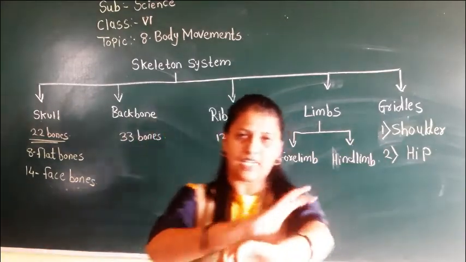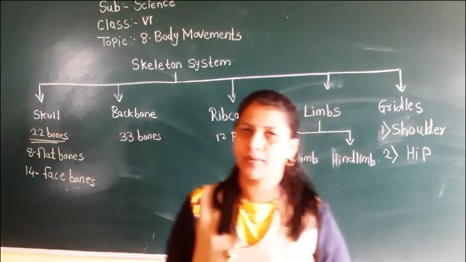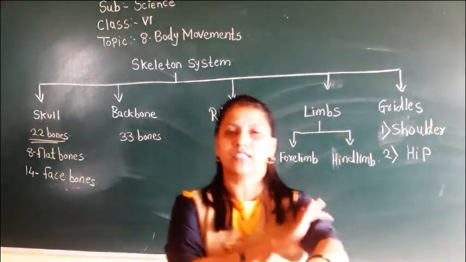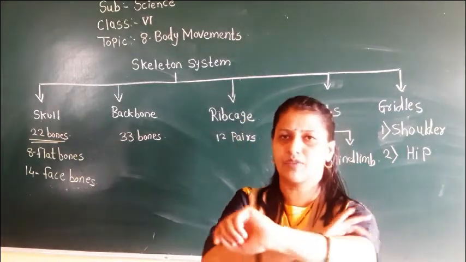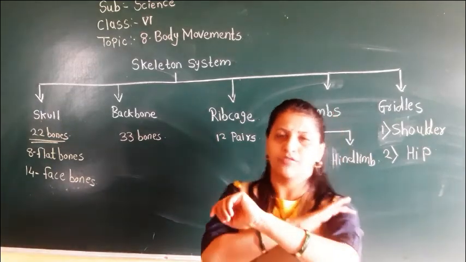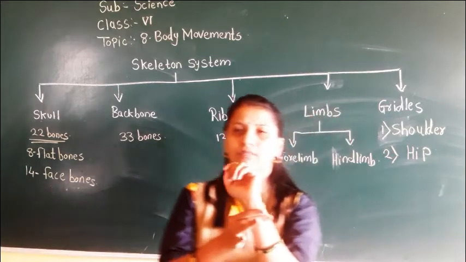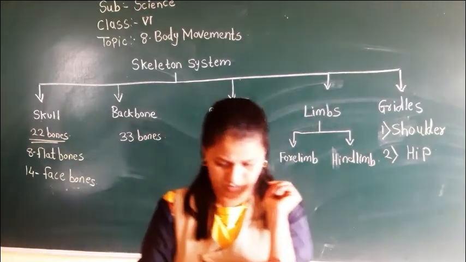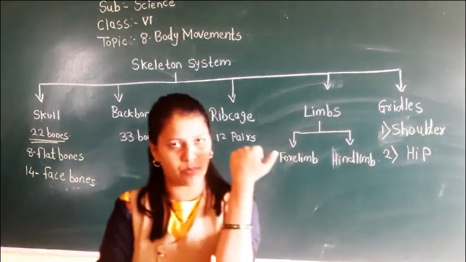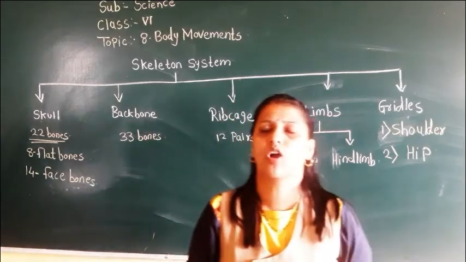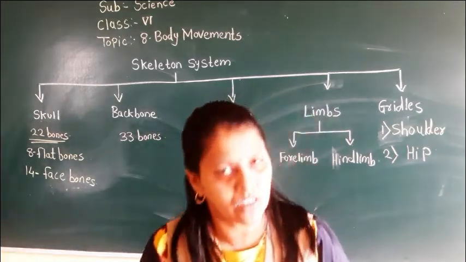This shoulder girdle is also called the collarbone. You can see our hand consists of a strong, long bone that is called the humerus, and below the elbow you get 2 bones, that is radius and ulna.